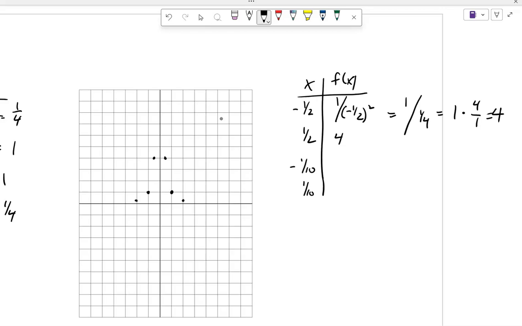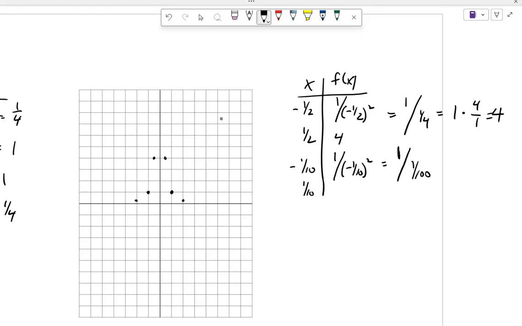What would you get if you plug in a 10th? Either positive or -1/10. When you square 1/10, what do you end up with? 1/100, right? It'll be positive because we're squaring the negative, correct?